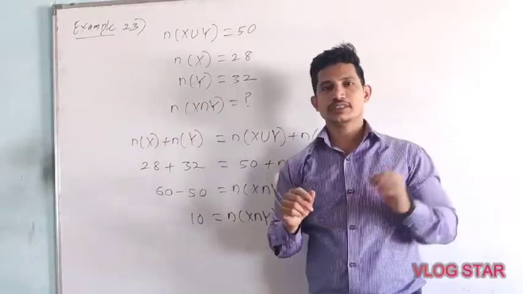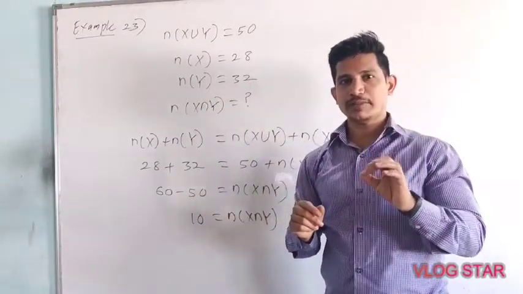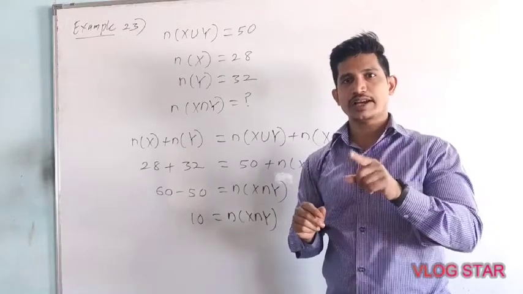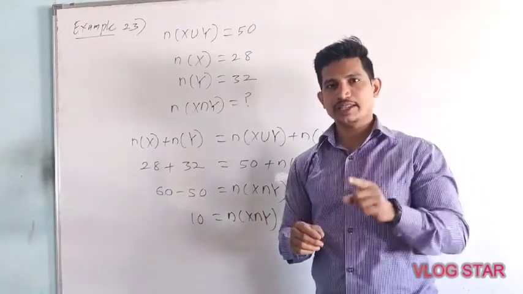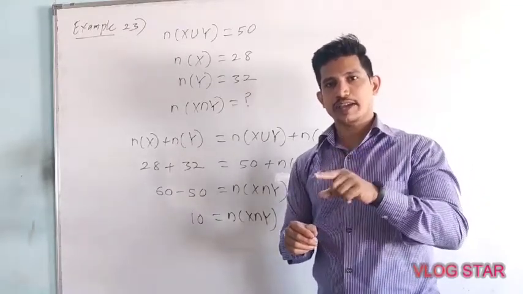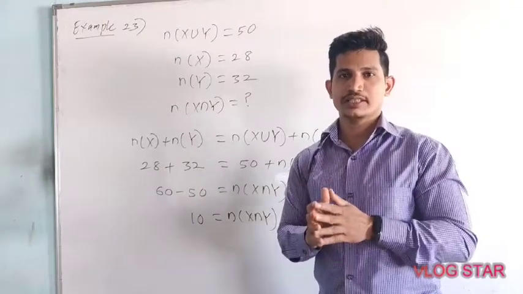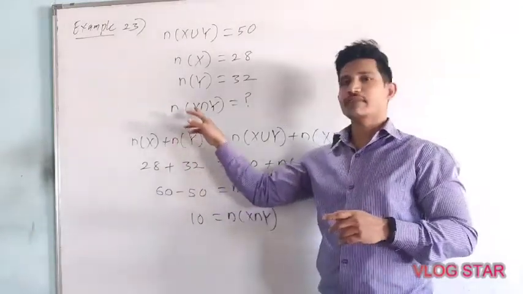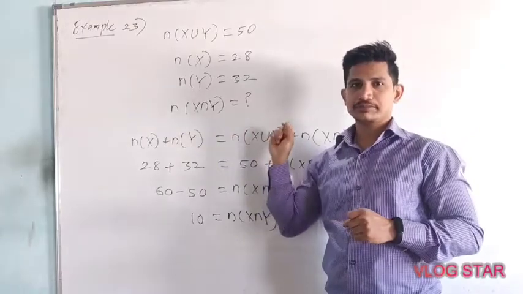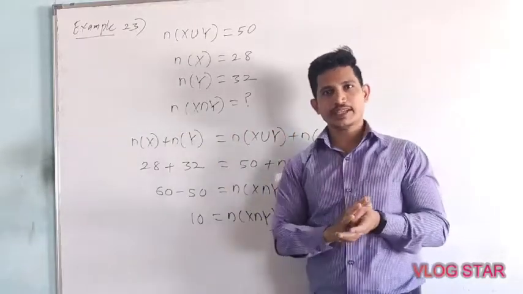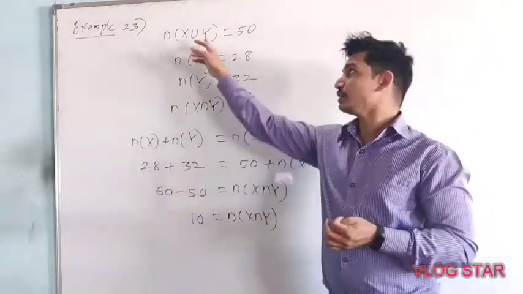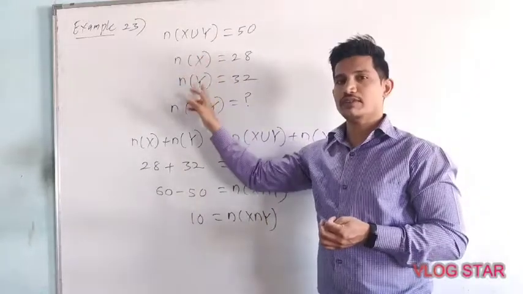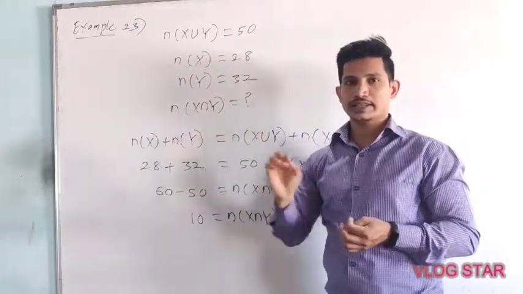And what they asked: find the number of elements X intersection Y has. That means you are finding n of X intersection Y. So X and Y are the two sets, the union is given, n of X is given, n of Y is given, and you are finding the intersection.